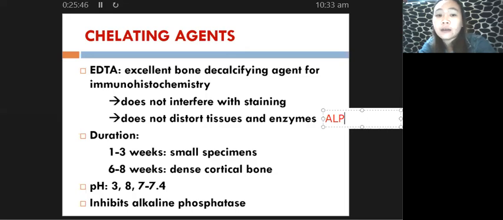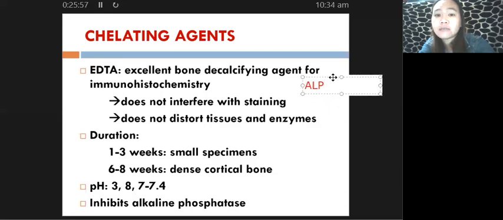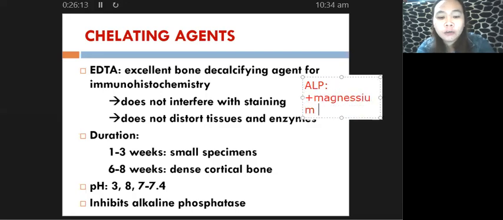So you can perform a remedy if, for example, you want to reactivate your alkaline phosphatase. So for the reactivation of your alkaline phosphatase in EDTA decalcified tissues, we usually add magnesium chloride. Okay, so we usually add magnesium chloride to reactivate your alkaline phosphatase.